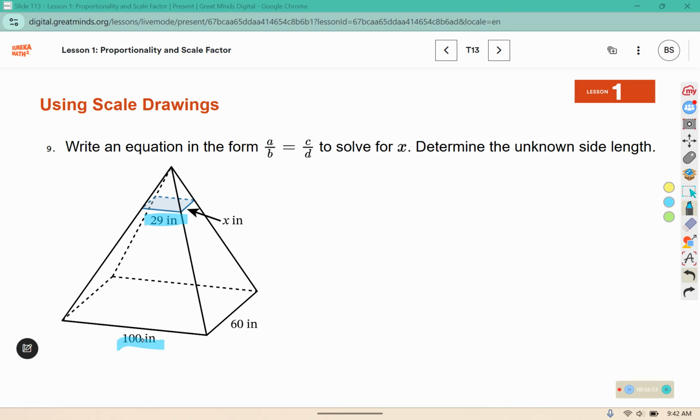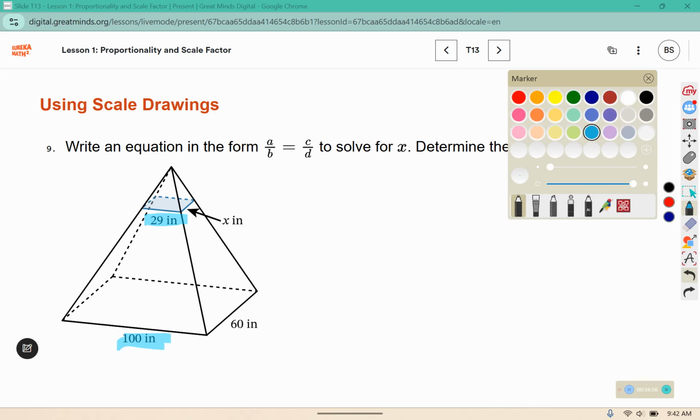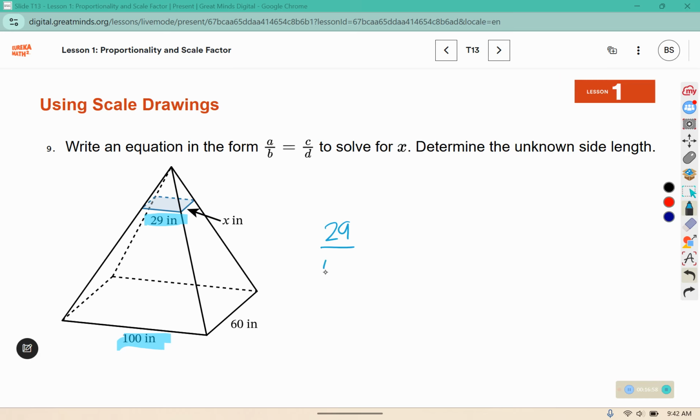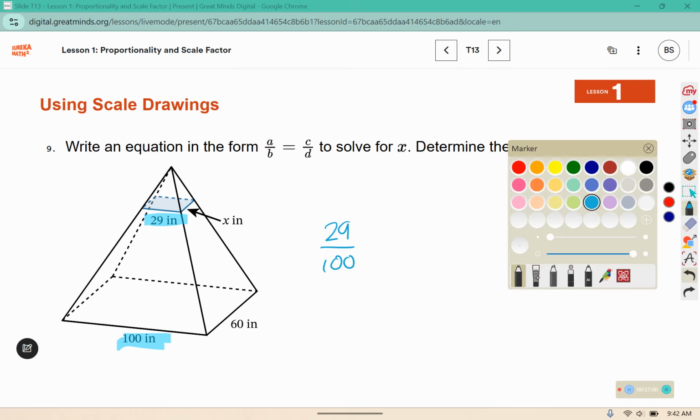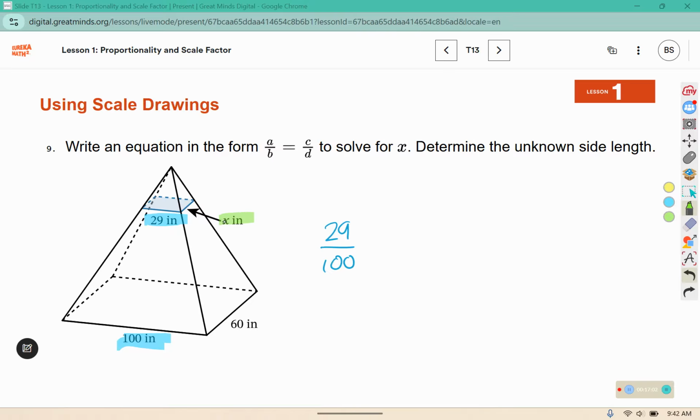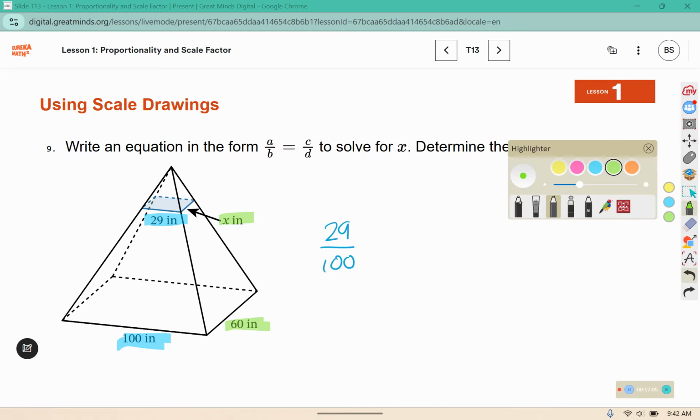Here, the 29 and the 100 get paired up together. And the x and the 60 get paired up together.